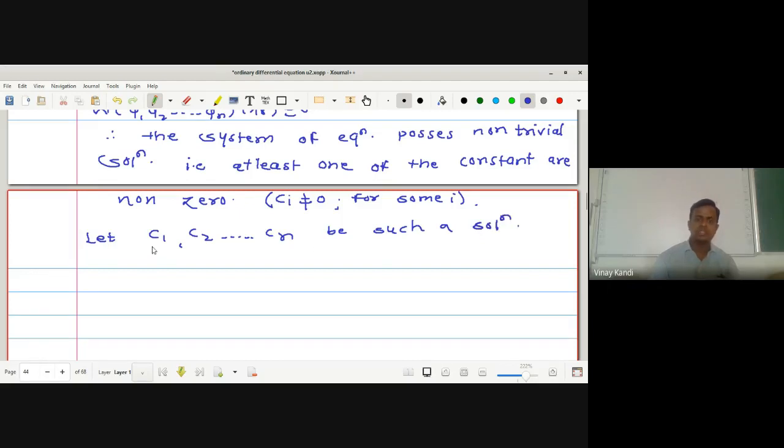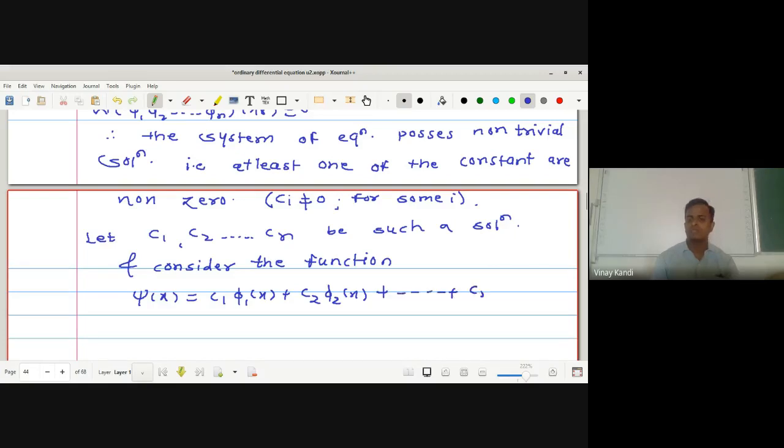Okay, whatever c1, c2 come in the above matrix, such a solution, take that solution and consider the function. Which function? Psi. Consider the function psi of x is equal to c1 phi 1 of x plus c2 phi 2 of x plus up to cn phi n of x.